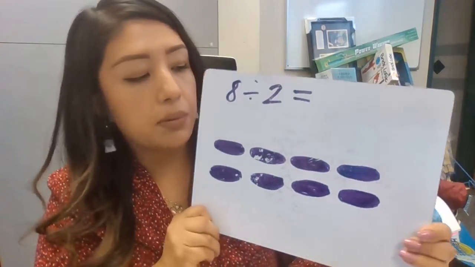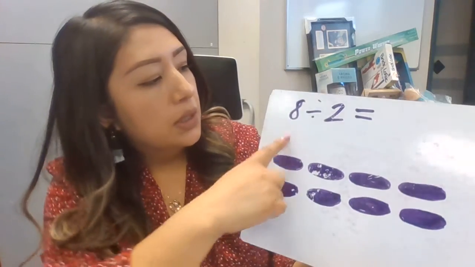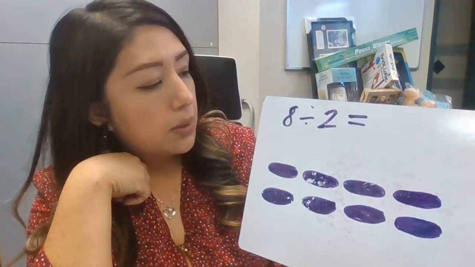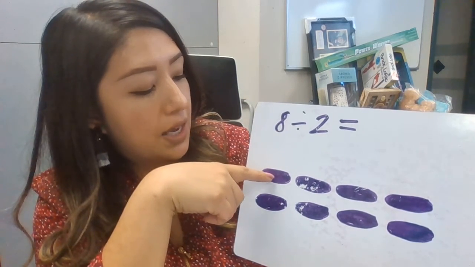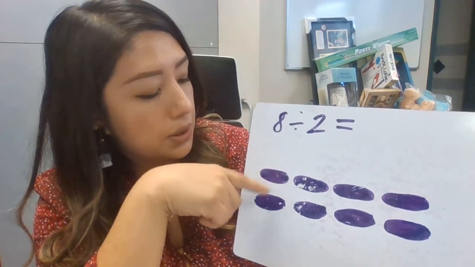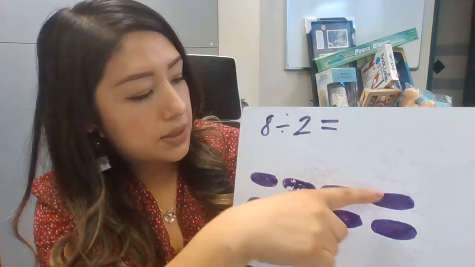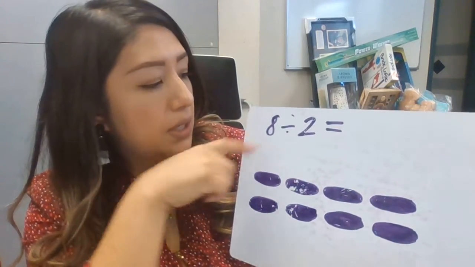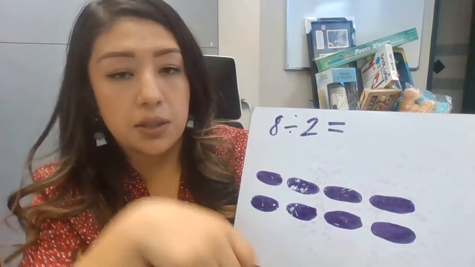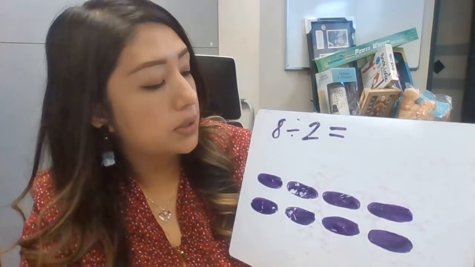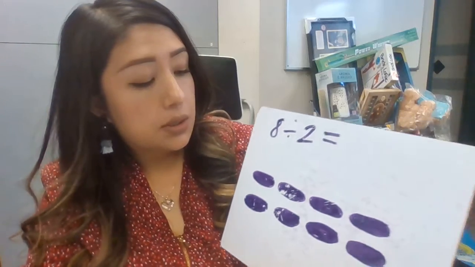There's no story problem, just a simple division problem. And as you can see, we have 8 ovals, 1, 2, 3, 4, 5, 6, 7, 8, and we need to divide them into 2 equal groups. This time it's not talking about people, just 2 equal groups.